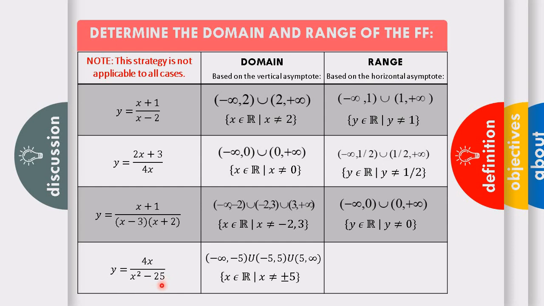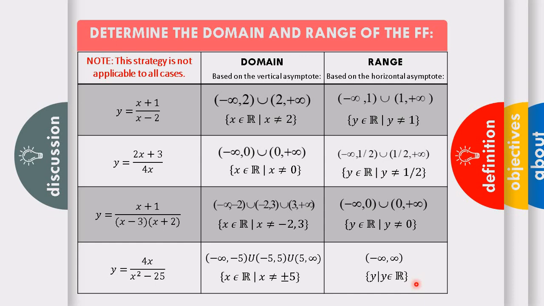So we can say that the graph must pass through 0. Therefore, the horizontal asymptote will be ignored. So the range is negative infinity to positive infinity. So y such that y is an element of real numbers. Okay? And that's how we get the domain and range.